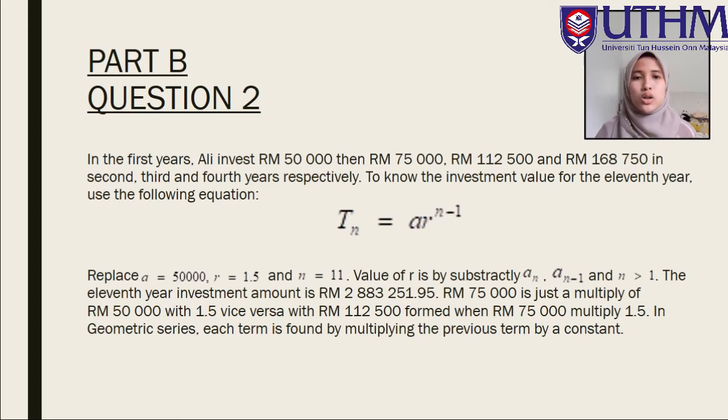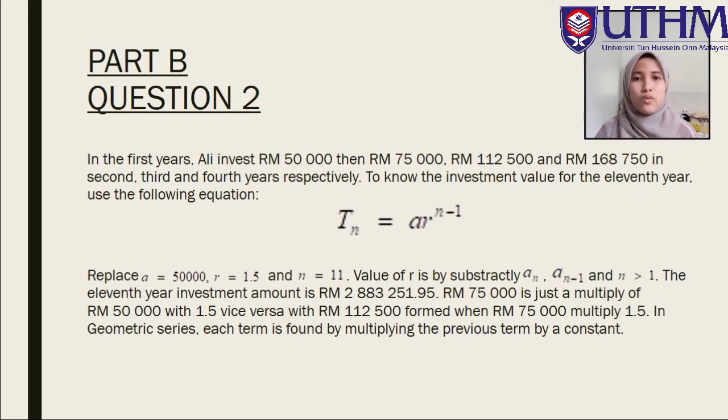To know the investment value for the 11th year, use the geometric series formula: Tn equals a r to the power of n minus 1. Replace a with 15,000, r with 1.5 and n with 11.